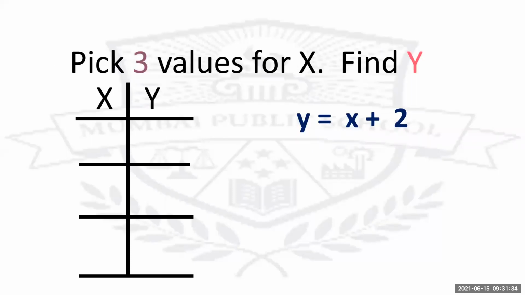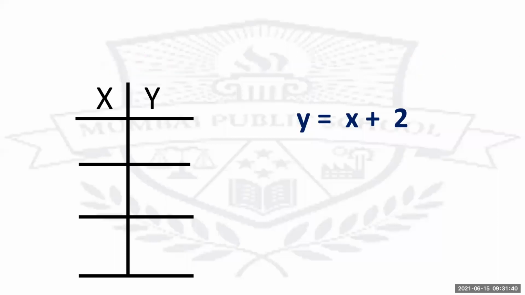Pick any three values for x. I've taken -3, 0, and 2. You can pick any value which you like. It's not compulsory that it should be -3, 0, 2. It can be any number which you like.